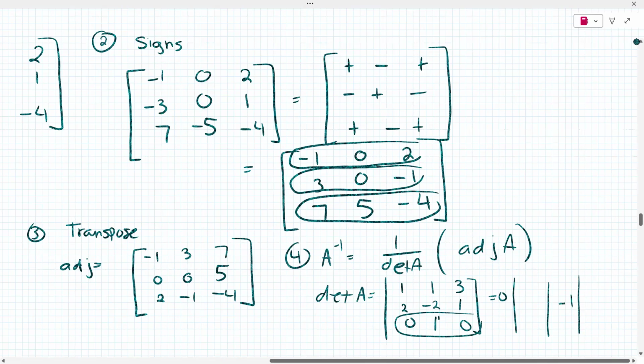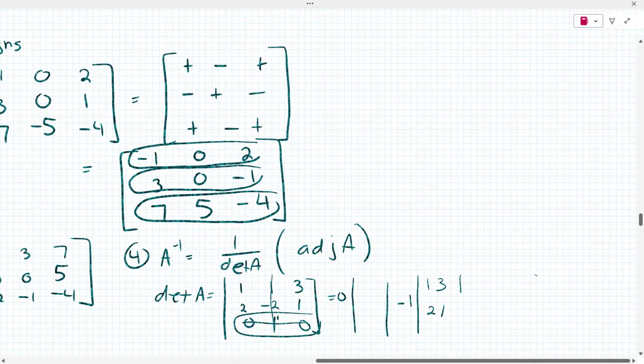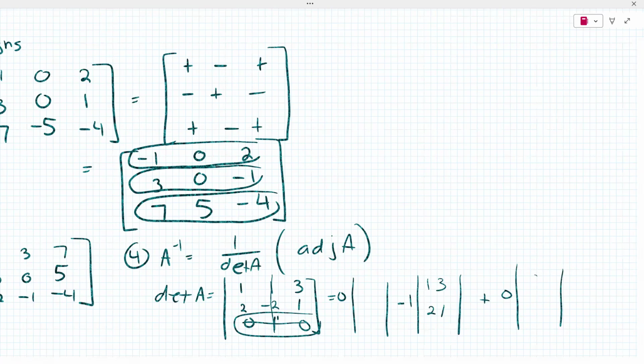So imagine deleting this row and this column, you're left with 1, 3, 2. And then same thing with the 0. I don't really care about finding that matrix because anything times 0 is 0.